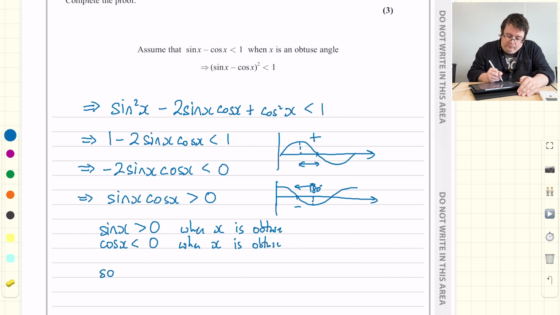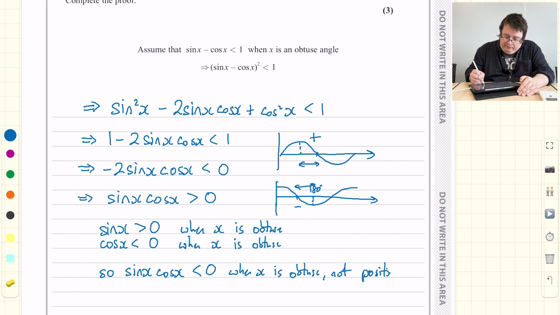So sin x cosine x is negative when x is obtuse, not positive.